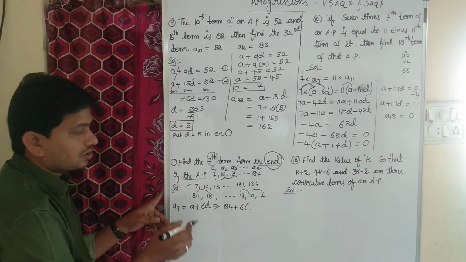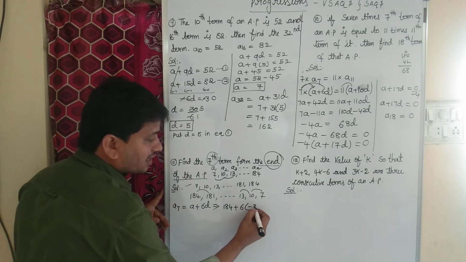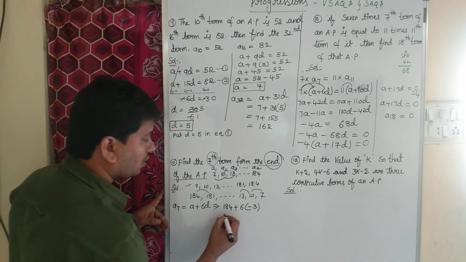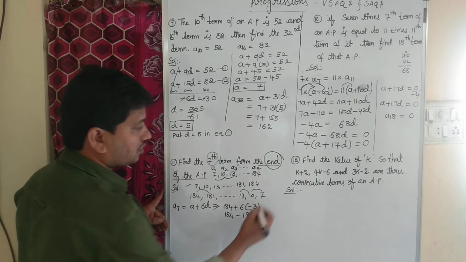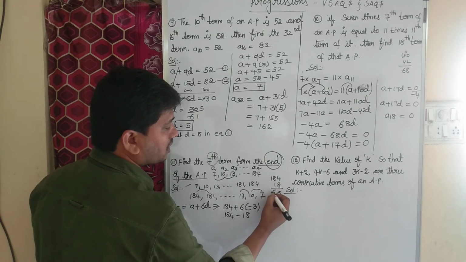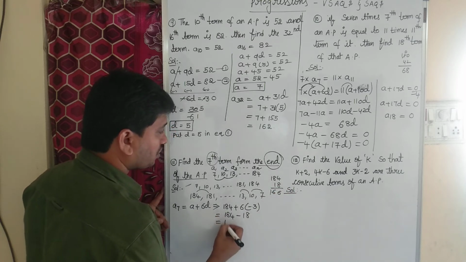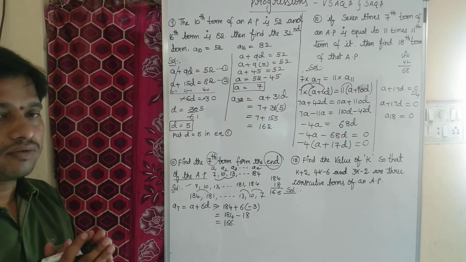Here the common difference will become minus 3, children. So 184 minus 6 threes, 18. From 184 you subtract 18: 14 minus 8 is 6, 17 minus 1 is 16, which is equal to 166. Children, is it clear what I did?